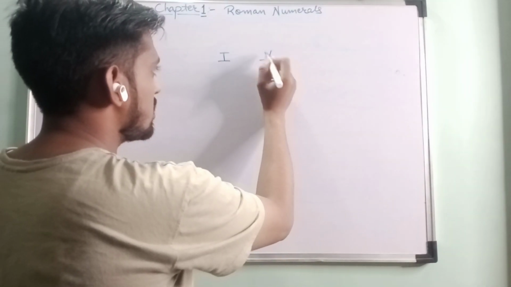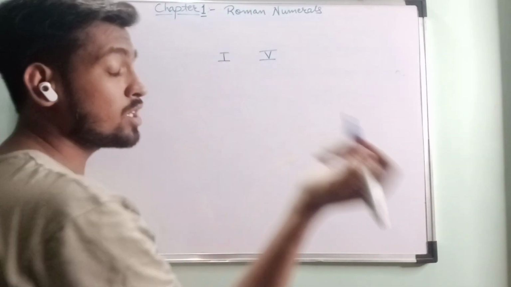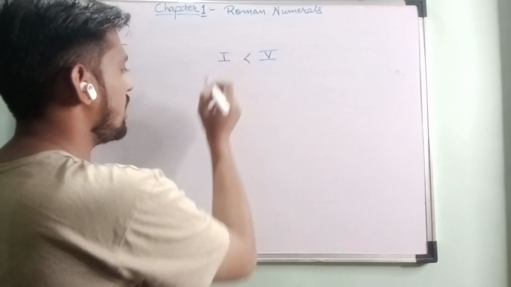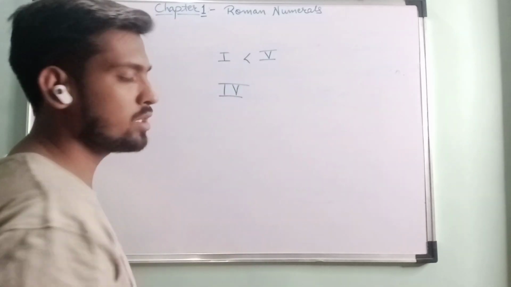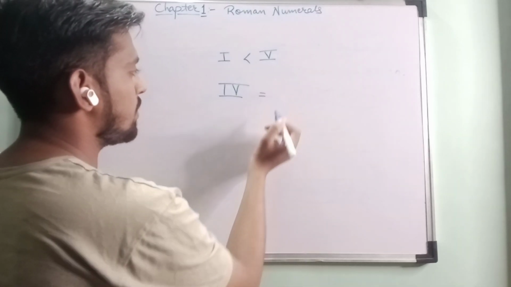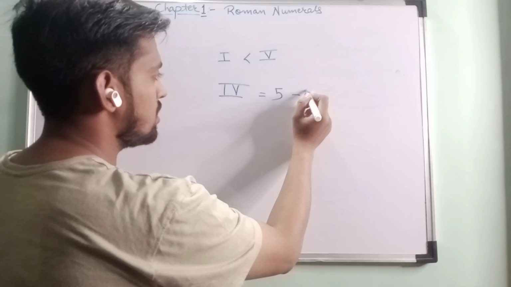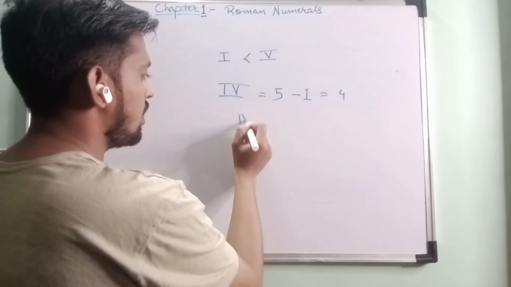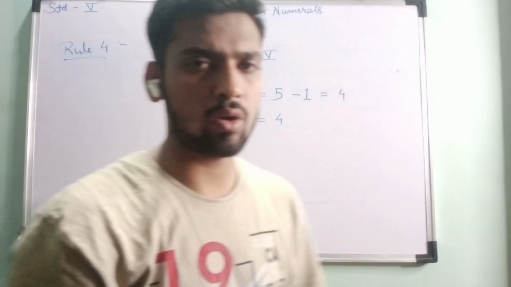And what about this? This is 5. Which number is greater? Obviously that is 5. If you write 1 on the left side of the bigger number, then it will be subtracted from the bigger number. Suppose that is 5 minus 1, which equals 4. Simply, this symbol is denoted as 4.